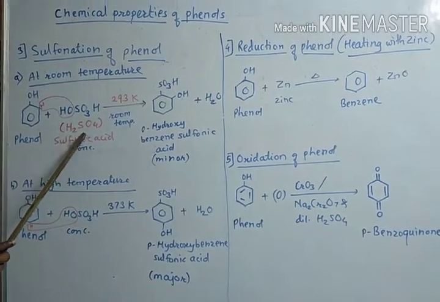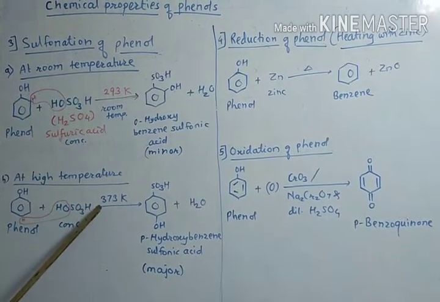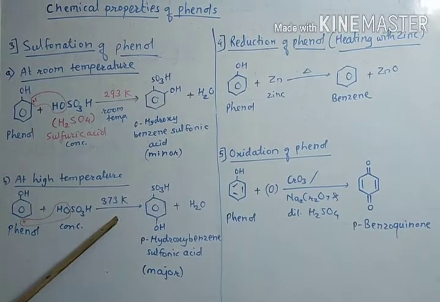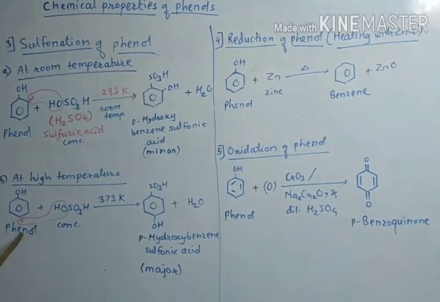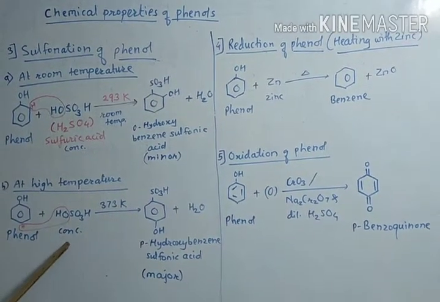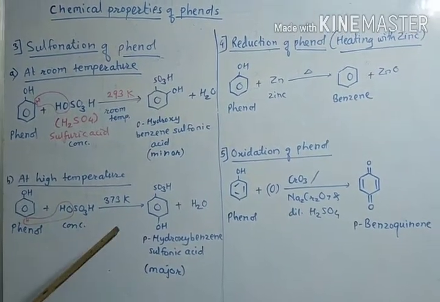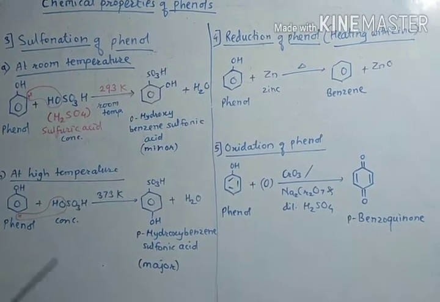But the same reaction will take place at the high temperature, 373 Kelvin. So reaction with the concentrated sulfuric acid. Now hydrogen from para position and OH from H2SO4 are removed as water, and SO3H group is attached to the para position.